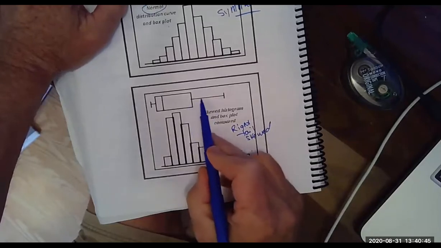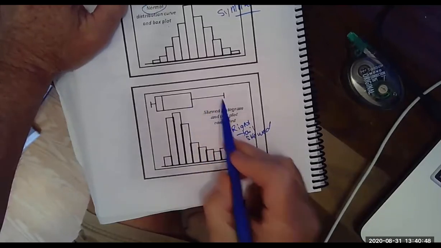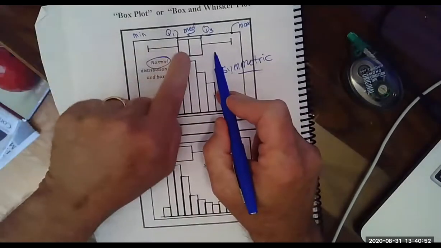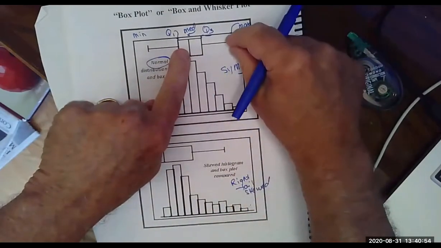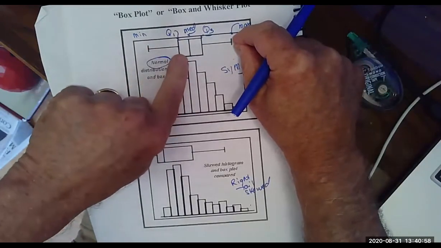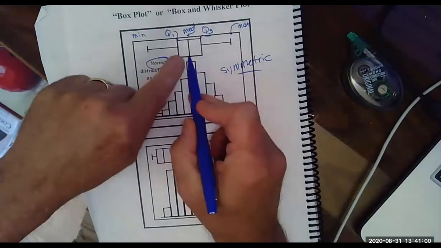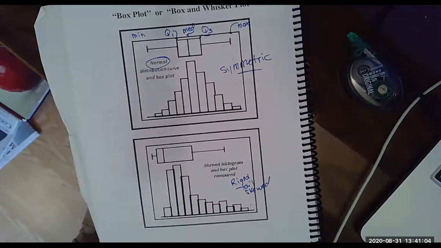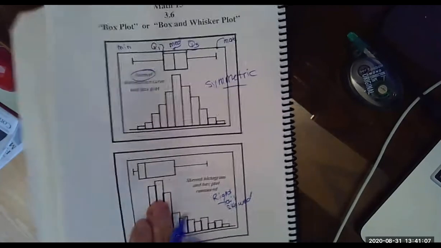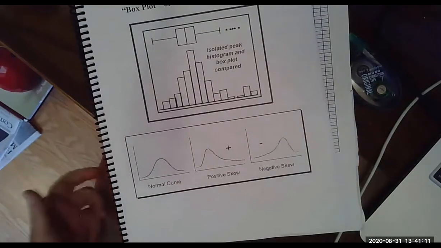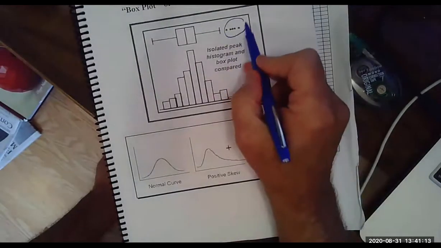Notice how the whisker is pulled farther to the right. See the middle right there? When you pull on this, everything slides this way. So the box even stretches out and the middle number goes farther to the left. See, it's pulled. And there's another one that's left tail skewed. I don't show that.